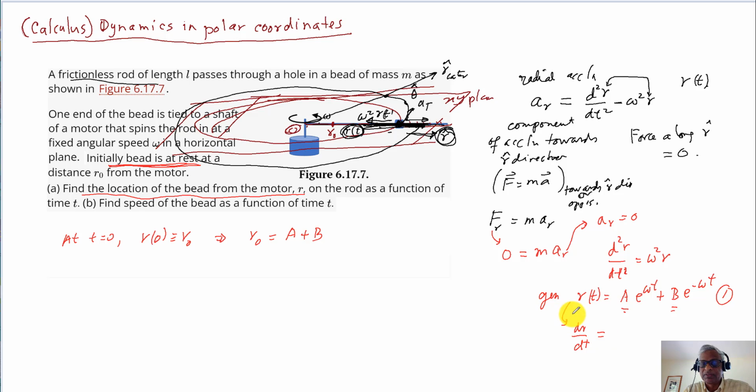Radially, it's only moving along the rod, so this will be the only speed. It's going to be omega a e to the power omega t minus omega b e to the power minus omega t. So this is number 2, and this is number 3. So this is v_r. v_r at 0 time is 0.